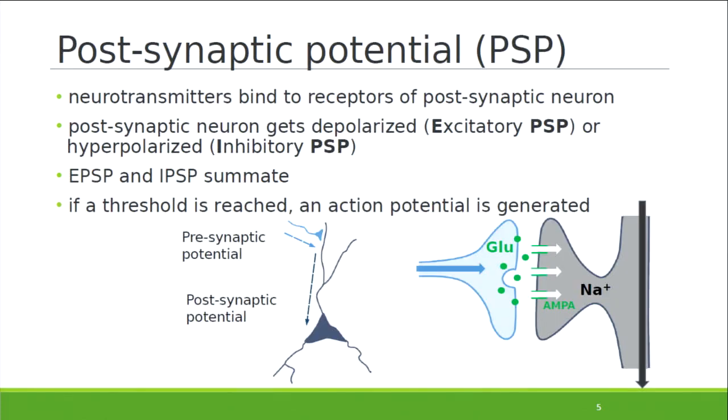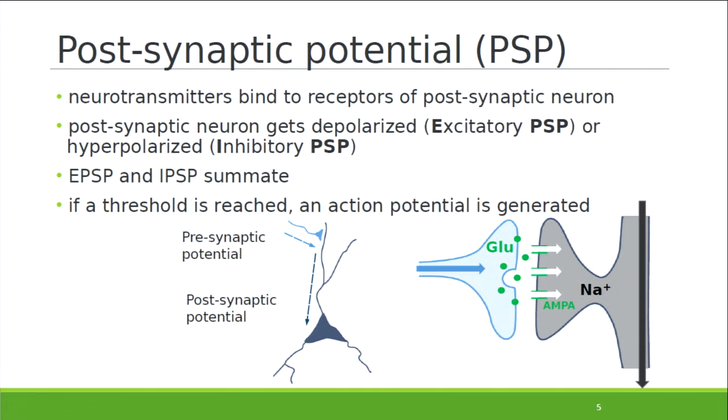After this action potential, the neuron sends neurotransmitters, which bind to the receptors of the following, the postsynaptic neuron. This postsynaptic neuron then gets either depolarized or hyperpolarized, which is an excitatory or an inhibitory postsynaptic potential. These potentials sum up, and if a certain depolarization threshold is reached, then an action potential is again generated.